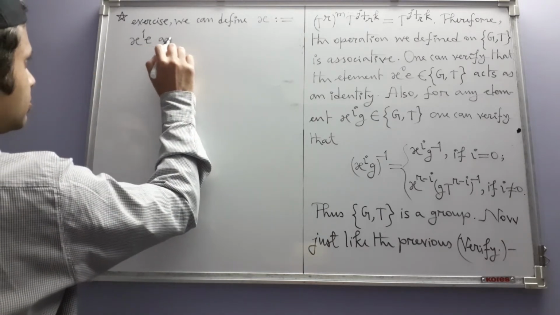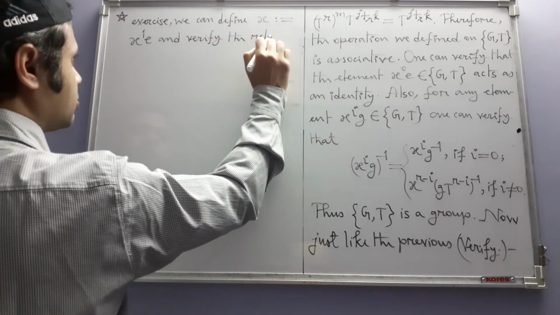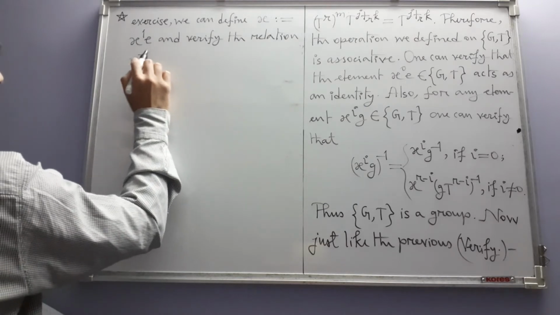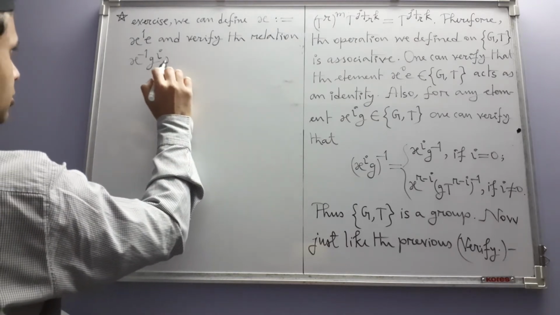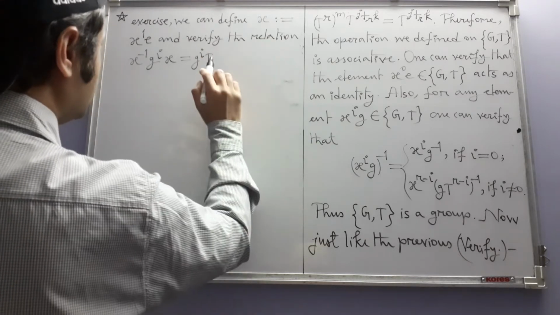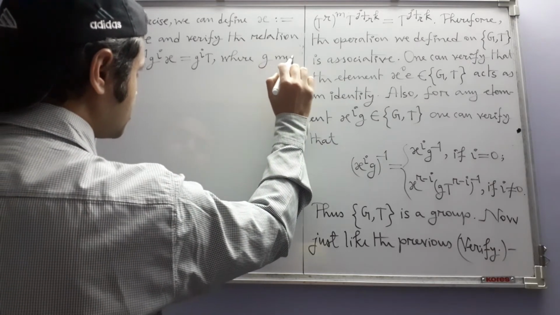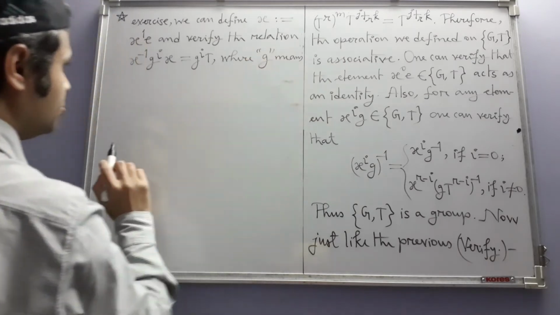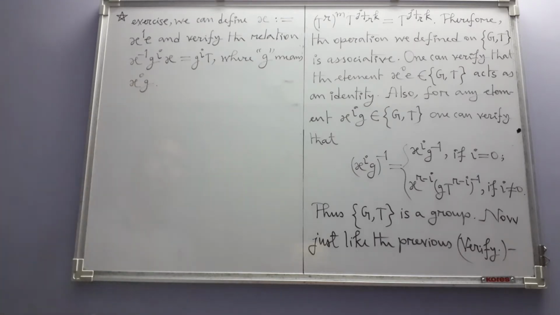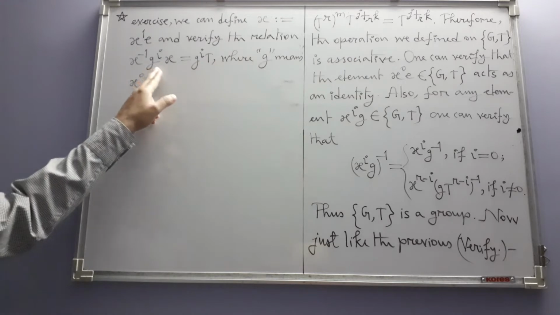Define this and verify the relation: x inverse g_i x equals g_t, where x has this meaning. x is this precise symbol in our group, and g is this symbol.